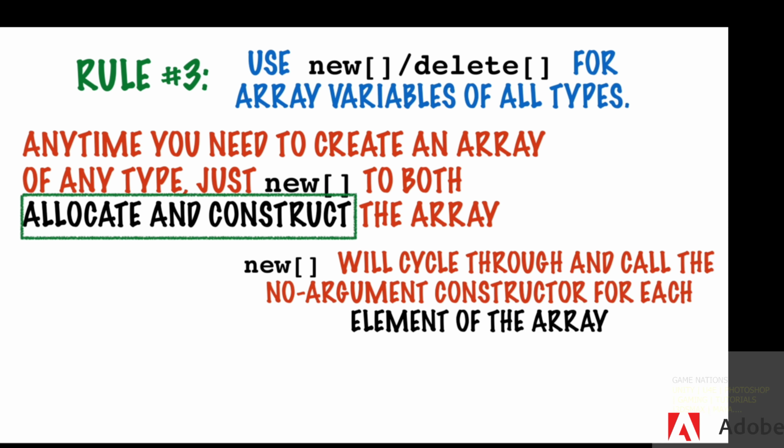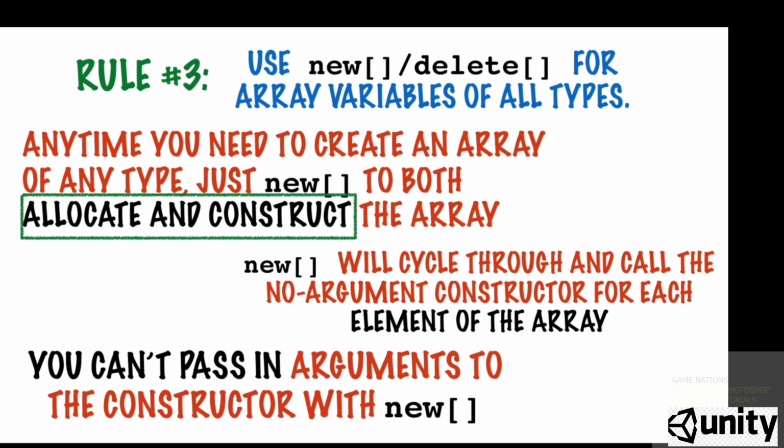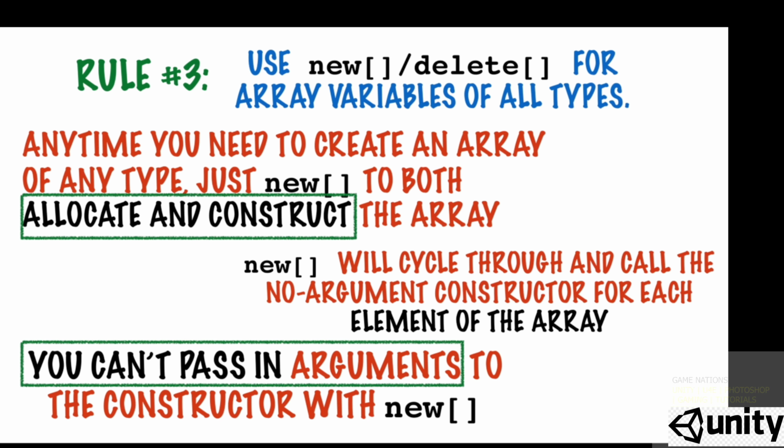New with square brackets deals with arrays, which means that it will walk through every element of the array and call the no argument constructor for each element. This is why it's important to use new with square brackets. It realizes that this is an array that needs allocation and construction, sets up the memory correctly, and cycles through the entire array and calls the no argument constructor for each element.